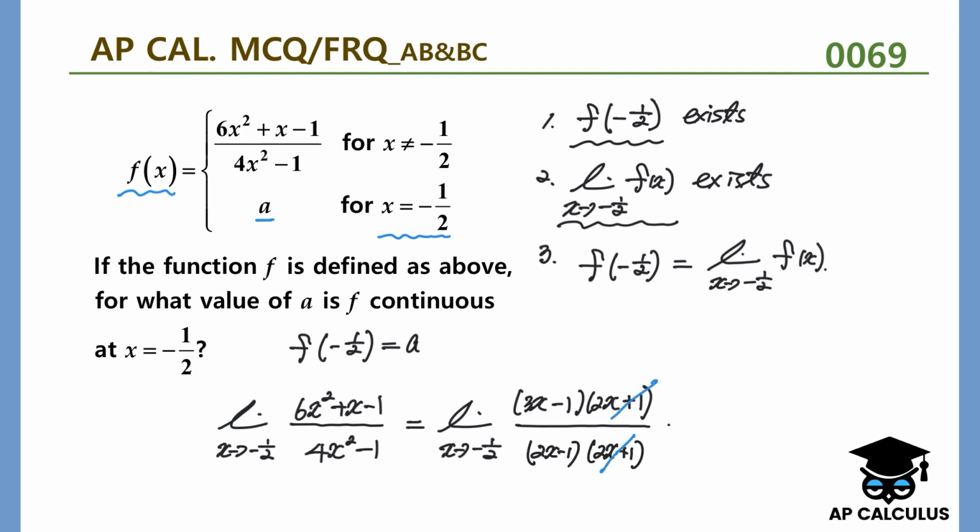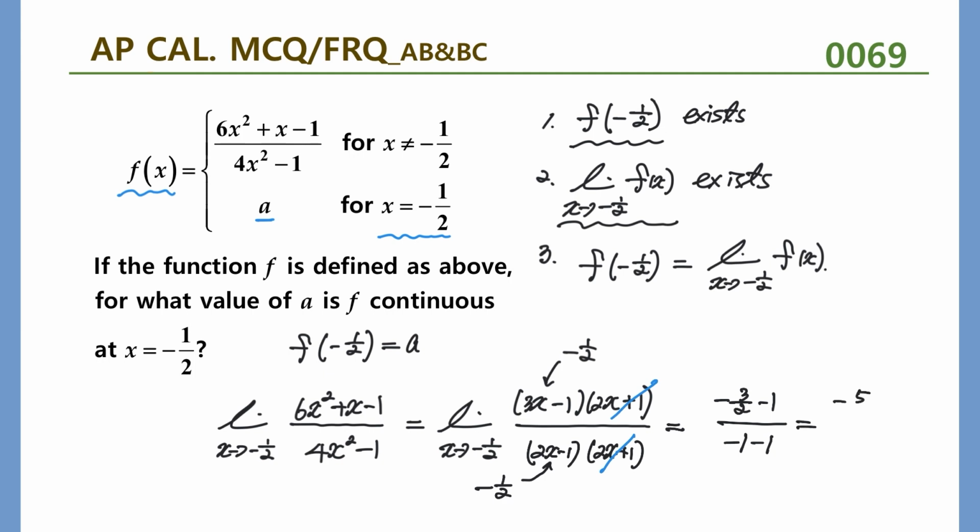So what is the limit value? Substitute -1/2 for x. Here, -1/2. So 3 times -1/2, that's -3/2, minus 1 over denominator, we have -1 minus 1, right? So that is equal to -5/2 over -2, negative over negative, positive.